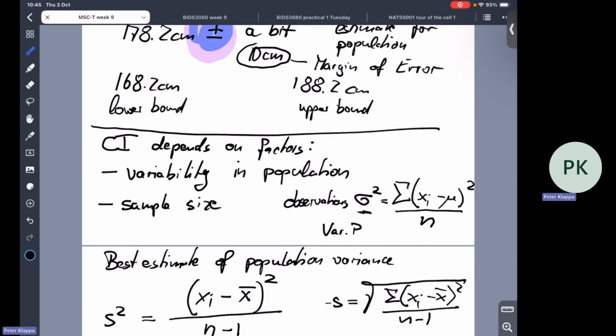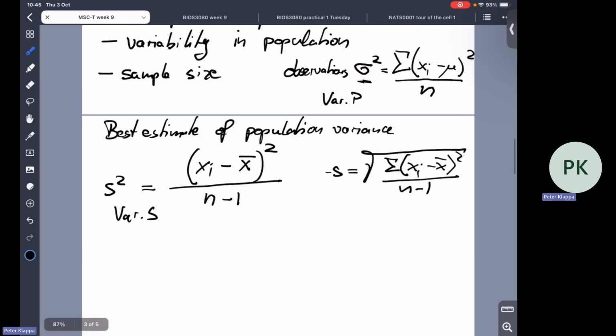Doesn't matter whether you divide by 100 or 99. So both will be very close to each other. However, if you've got a sample size of 2, n equals 2, you divide by 2. In this case, you divide by 2 minus 1, you divide by 1. The variance will be different by factor 2. So the sample size plays a role. Absolutely right. Does that make sense?